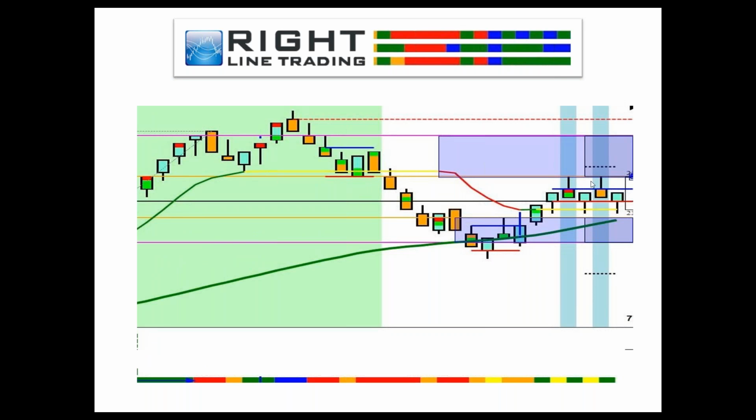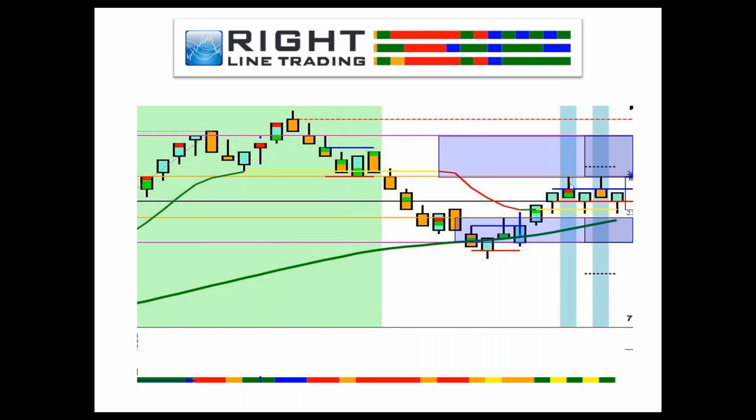But what I wanted to show here is when these zones become confluent and price gets sandwiched in between them, this is when you stand aside. This is when you don't trade, because you have to wait for a break of support or a break of resistance before you can take a safe trade.